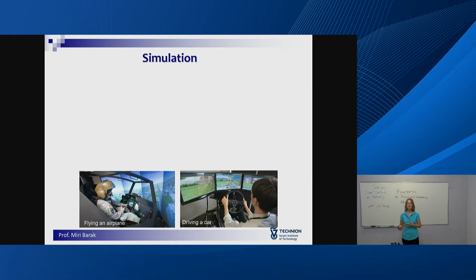So we move from the beginning of the 20th century to the 21st century, where we have airplanes, we have cars, so now we have also simulations of flying an airplane or driving a car.